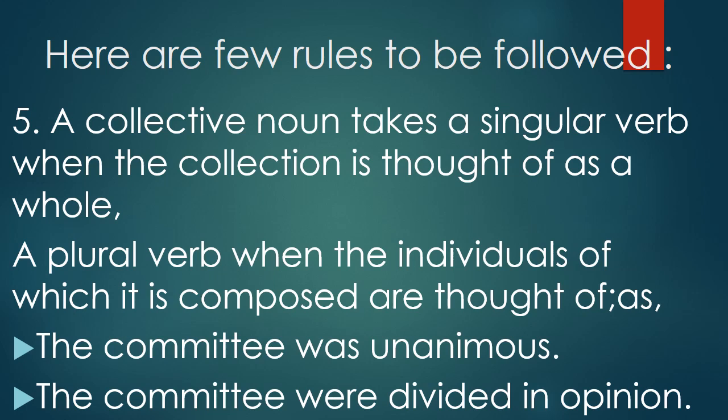Means when the decision is one, we used singular form of the verb, but when their opinion divided, we used plural form of the verb. So when collective noun is taken as singular, we use singular form of the verb. When the collective noun is divided, we use plural form of the verb.